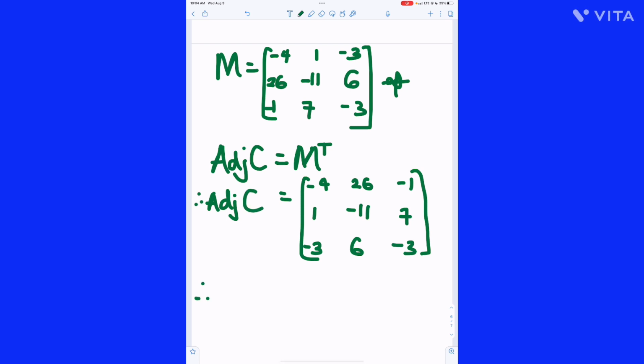So now I can find the inverse of C. The inverse of C should be the adjoint of C over the determinant of C. Sorry, I'm writing A inverse.